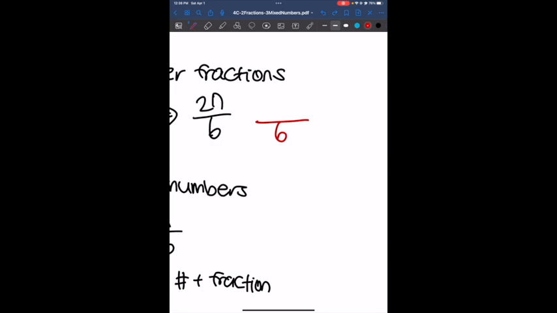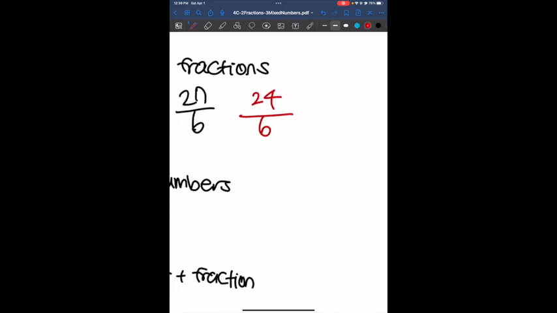So a multiple of 6 that is closest to 27 and is smaller than 27 is going to be 24. So 6 times 4 is 24. And that's going to be the smallest and closest to 27.